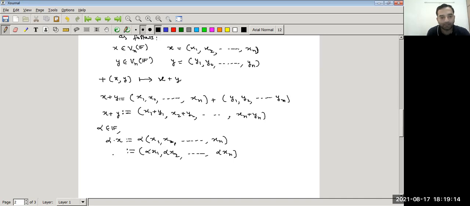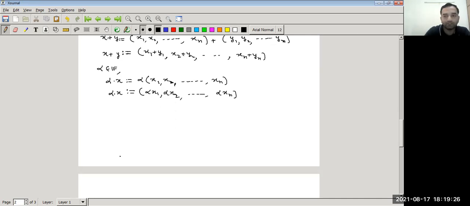In this way we can define alpha times x. So we have defined the addition operation as well as scalar multiplication. Now we have to check whether it is a vector space or not.